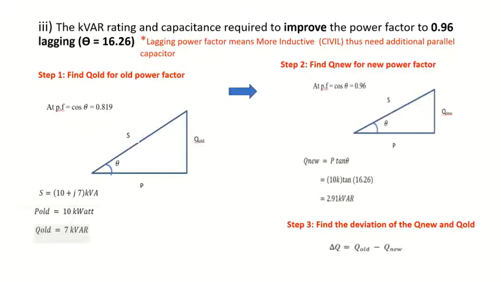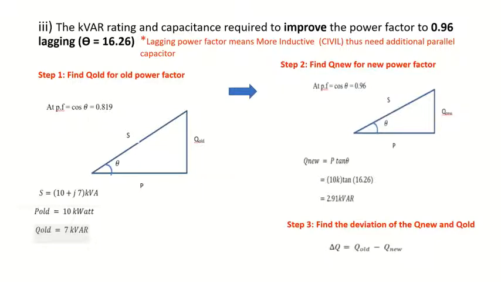Then the next step, find the Q new for the new power factor. For this question, you have to improve your power factor to the new power factor of 0.96. P is maintained at 10 kilowatt, but now your new power factor is 0.96, which is equivalent to theta equal to 16.26 degrees.